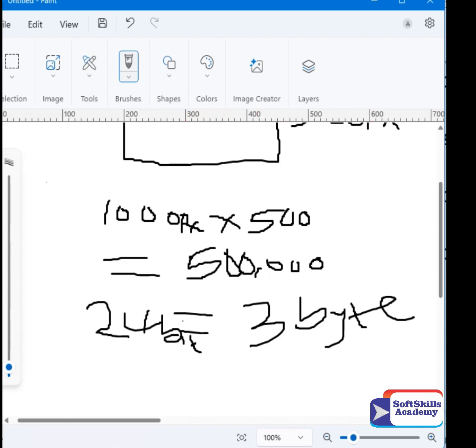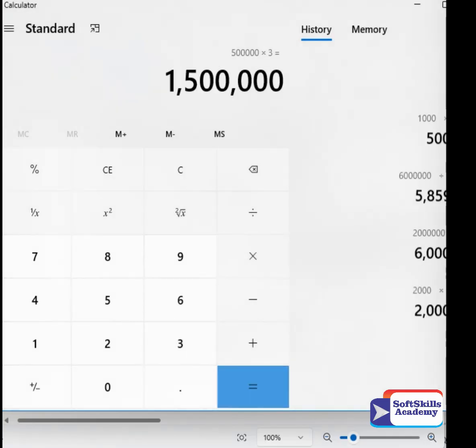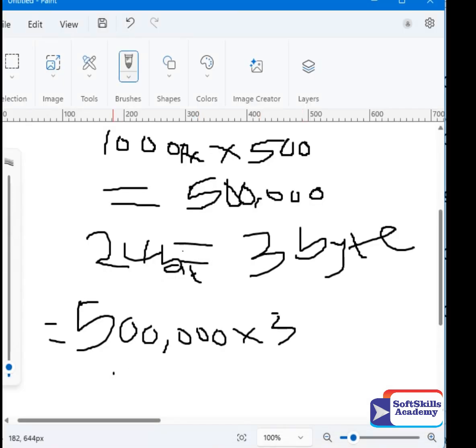We are going to multiply the total number of pixels in this image, 500,000, by 3 bytes, which gives us 1,500,000 bytes.